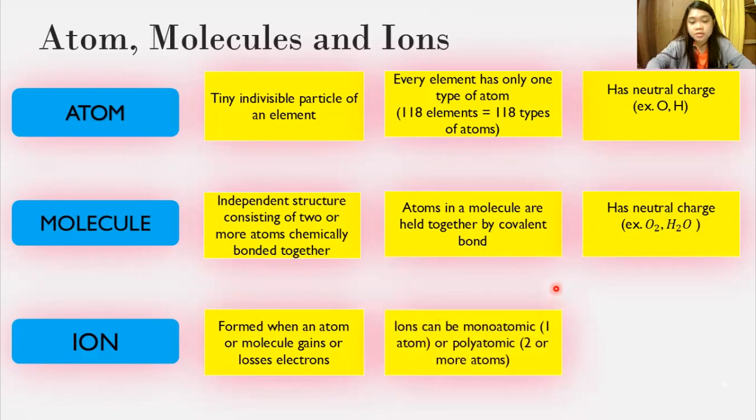Ions can be monoatomic, meaning they have only one atom, or polyatomic, meaning two or more atoms. And these ions can be positively or negatively charged. For example, the sodium ion has a positive charge, and hydroxide, OH, has a negative charge. Hydrogen, H plus, is positively charged.